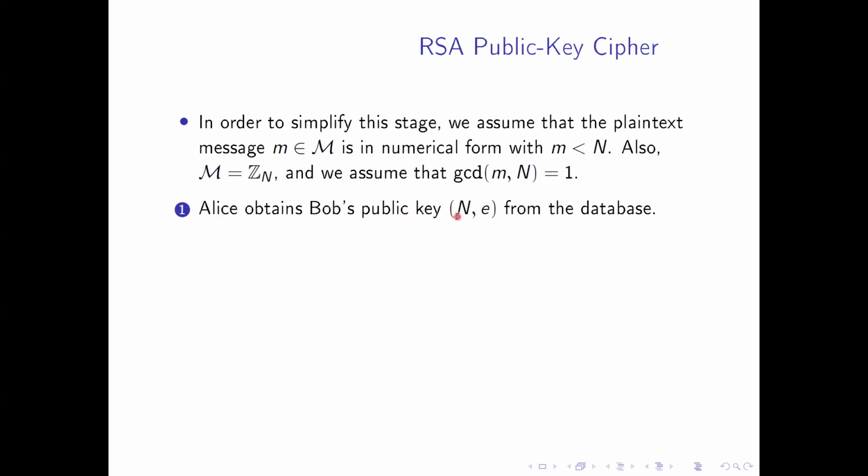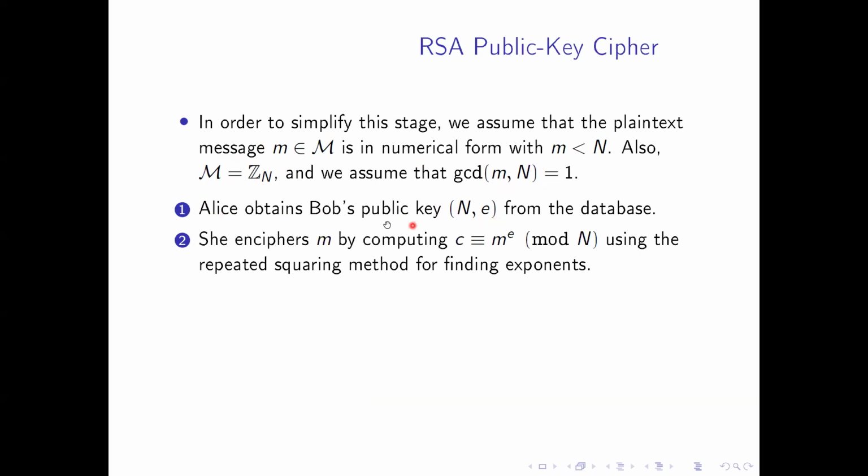So Alice looks up Bob's key, n and e, and all she does is take her message and raise it to the e power, which gives a c value, a new encrypted value, and she sends c to Bob. So again, she has some M that was less than n.